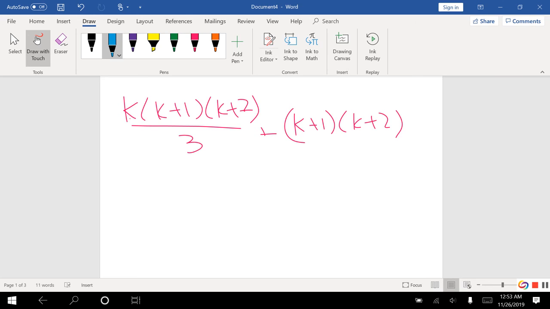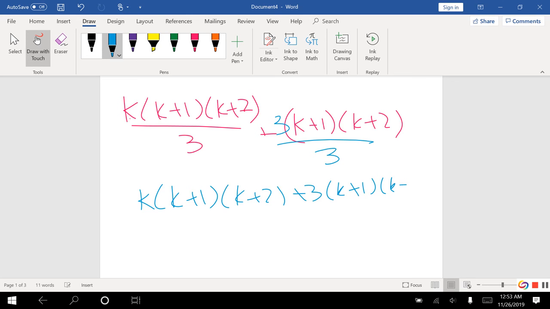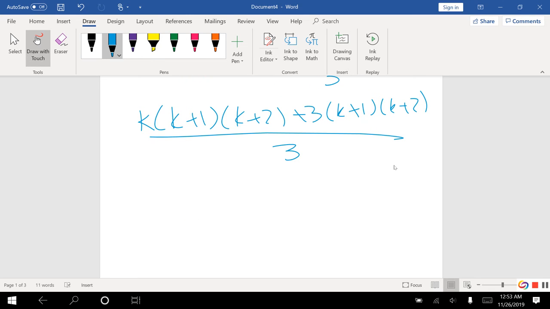So let's see here. I need a 3 and a 3, right? And then I'm going to factor out. So then I've got k times (k plus 1) times (k plus 2), plus 3 times (k plus 1) times (k plus 2), all over 3, because I've made a common denominator.